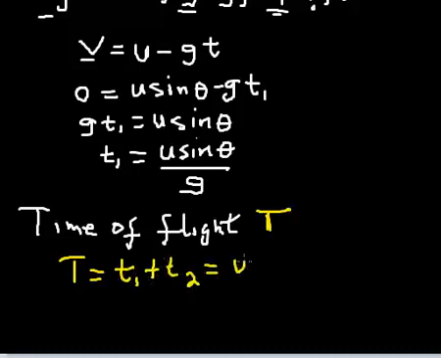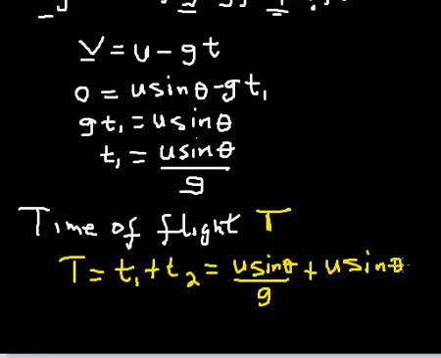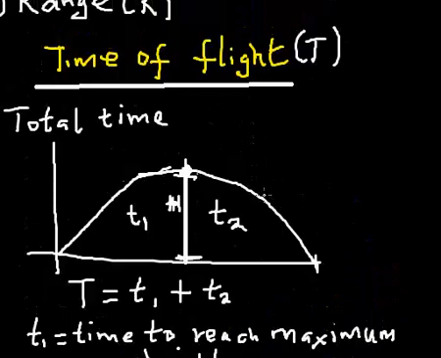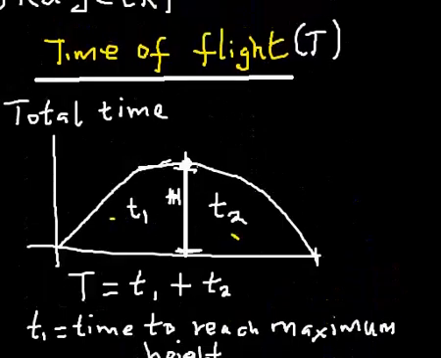And two of them are equal. So you're looking at U sin theta all over G plus U sin theta all over G. So there are two of it. Why? Because they are all equal. T1, T2 are equal, right?